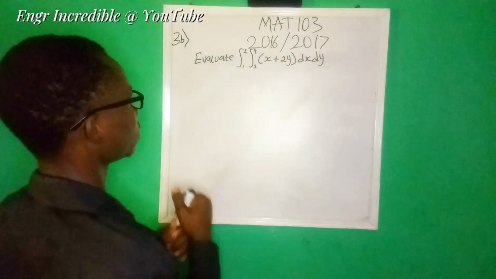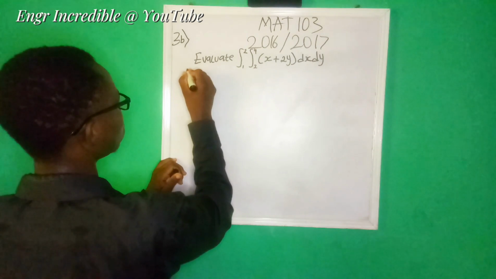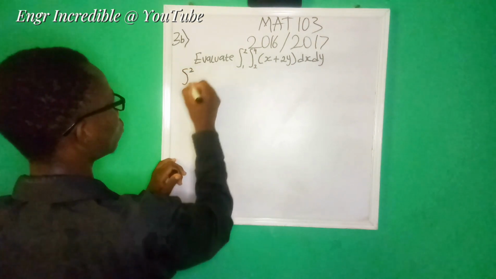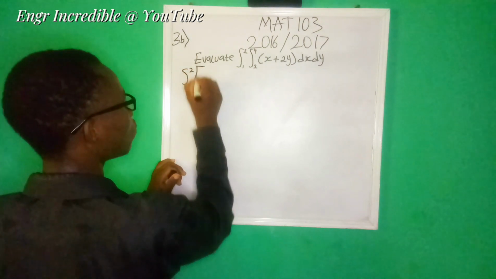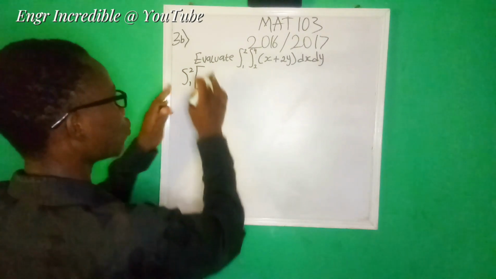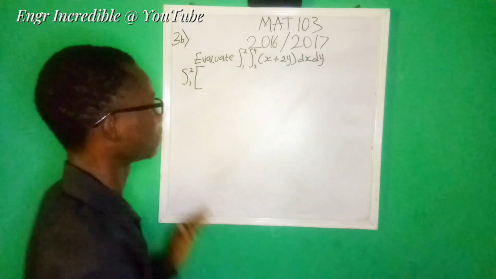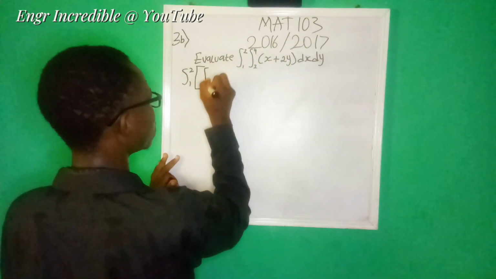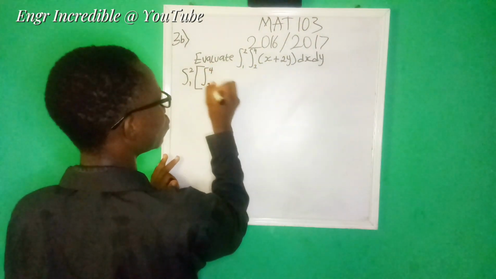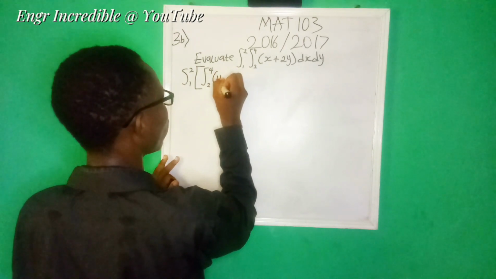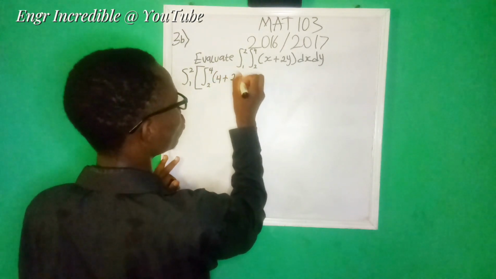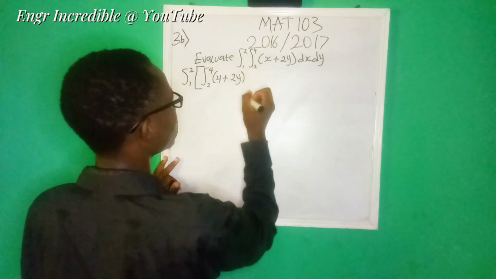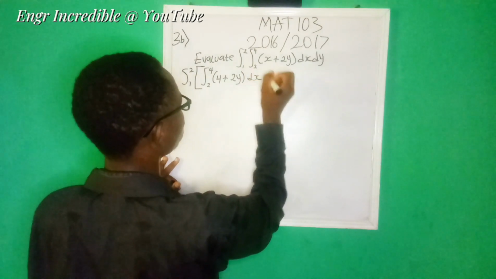Let me illustrate it here. We will have it as the integral from 1 to 2, then we open our bracket. We are dealing with the one inside the bracket first. Inside the bracket will be the integral from 2 to 4, open bracket, x plus 2y, close bracket, dx.